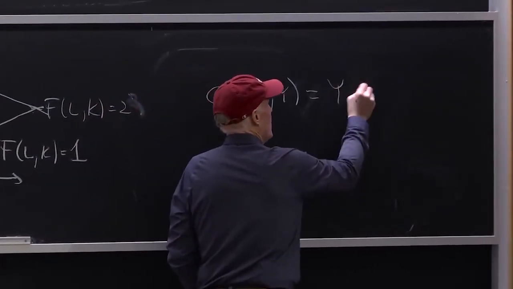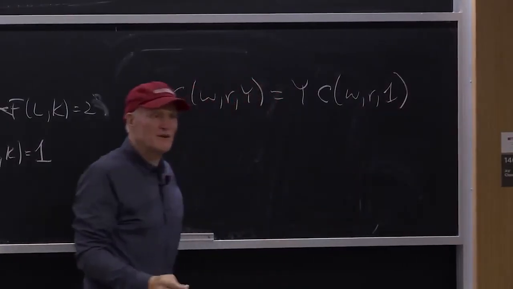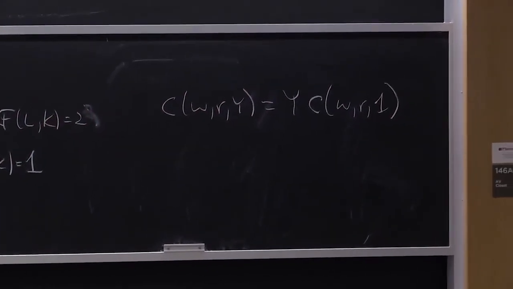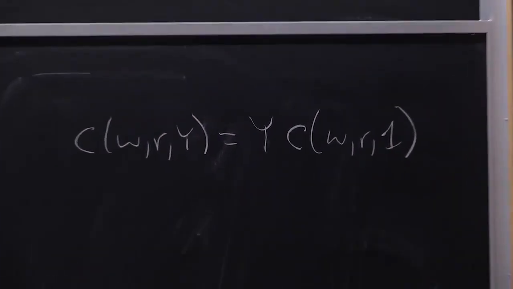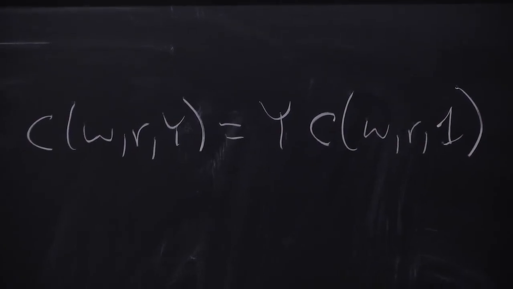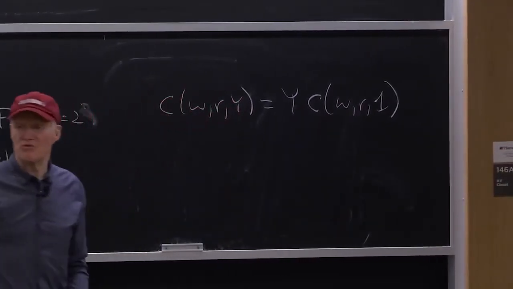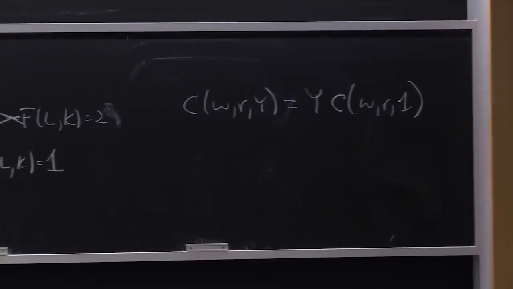How about this? Y times C of W, R, and 1, right? It'll always look like that. It'll always be Y times something that depends on W and R, okay? Where this is the unit cost function. That's what it costs to produce 1 unit of output, okay?